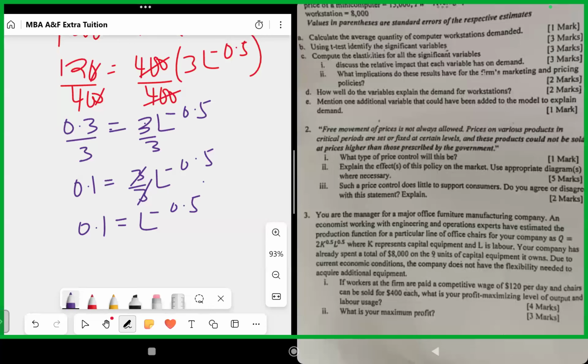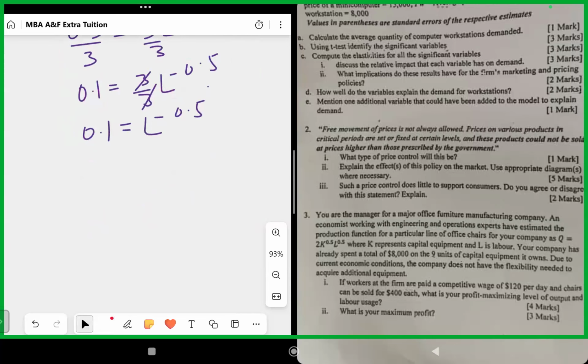Now, this is where the issue comes in. I think that's where they didn't do my assignment. We are going to move the negative on the right to the left so that the L can stand alone. I can even use logarithms, but let me use this simple method. When the negative crosses to the other side, it's an exponent. Are you good? The negative will now change. This 0.1 is over 1.